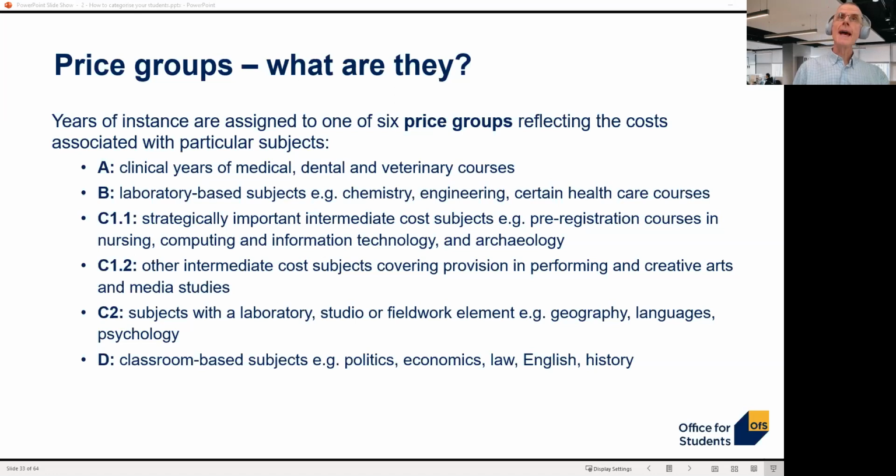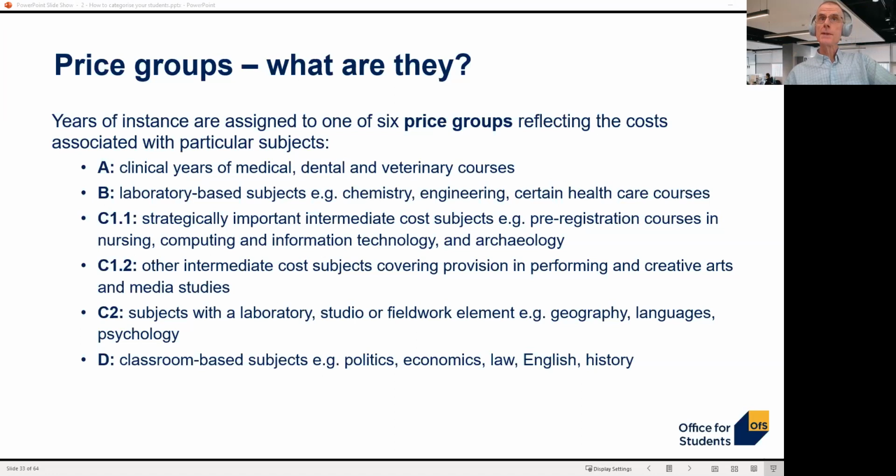C1 is split now from this year into C1.1 and C1.2. And the first of these is for strategically important intermediate cost subjects, such as pre-registration courses in nursing, computing, information technology, and as it says here, archaeology. C1.2 is for other intermediate cost subjects covering provision in performing and creative arts, media studies, and so on.